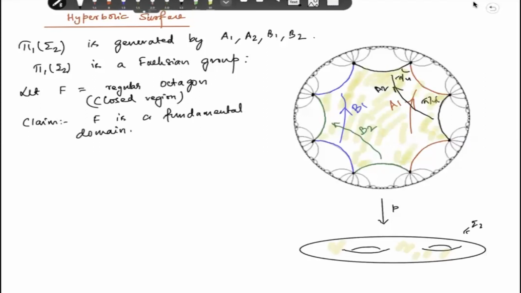So first of all, note that if I apply A1 on this F, it will go to another octagon, like this here. And now if I apply A2 on this F, it will go to another octagon.